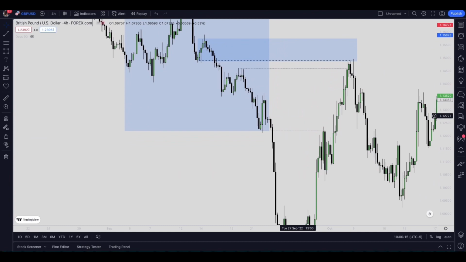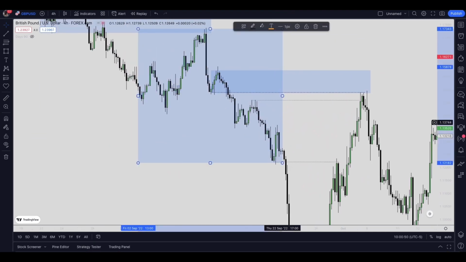And as you can see, this line is the low of this lower high, which is also just smart money hedging their trades, and we can see price did have an effect, and it showed in the form of this retracement.